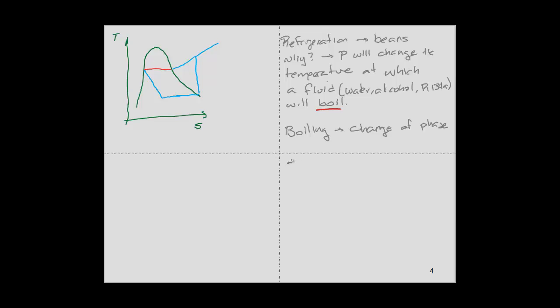For instance, at a pressure of 100 kilopascal, 100 kilopascal is atmospheric pressure, a fluid called 134a will boil at minus 26.